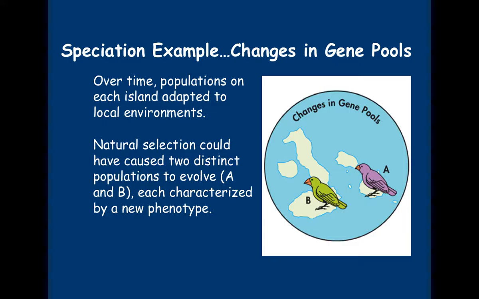Natural selection could have caused two distinct populations to evolve, species A and species B, each characterized by a new set of phenotypes. The other thing with the Galapagos is the birds can't get easily from island to island because of other factors, the wind currents, the water currents, and they also have different sources of food. Look at their beaks, they are different, their colors are different, so they have evolved into two species.